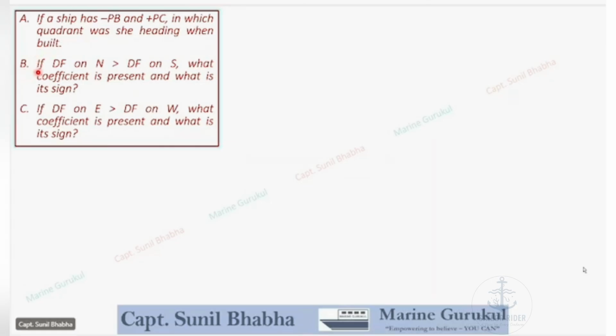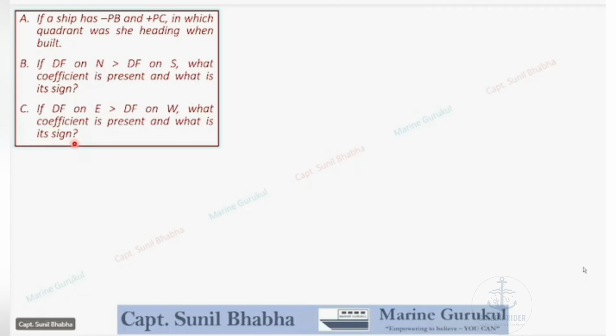Part B of the question says, if the directive force on northerly heading is greater than the directive force on southerly heading, what coefficient is present and what is its sign? And the third part of the question says, if directive force on easterly heading is greater than directive force on westerly heading, what coefficient is present and what is its sign?